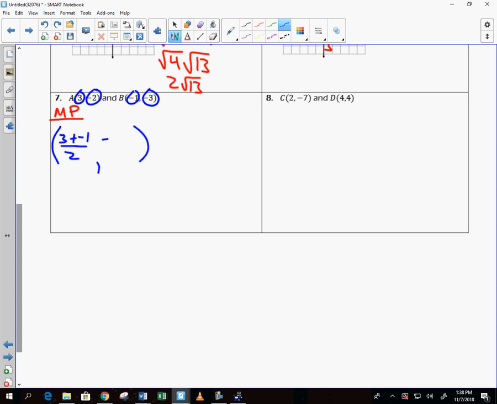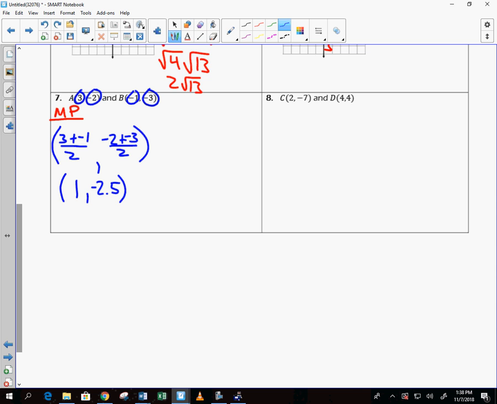So -2 plus -3, and I divide by 2. 3 plus -1 is 2. 2 divided by 2 is 1. -2 plus -3 is -5. Divided by 2 is -2.5. Straightforward?